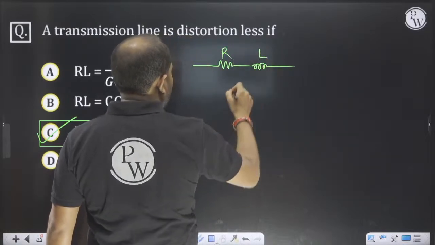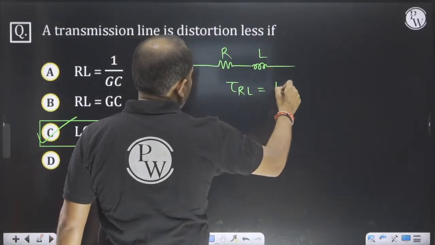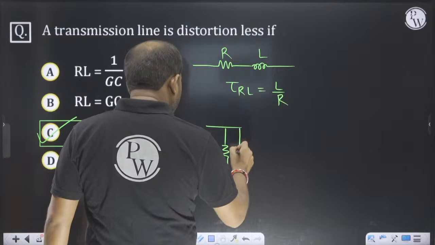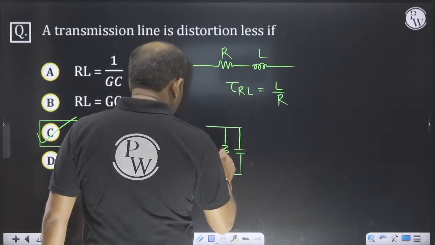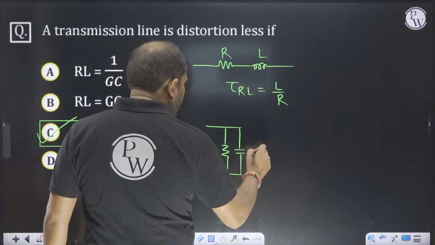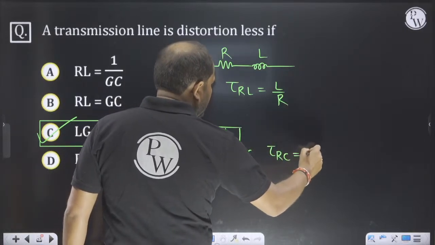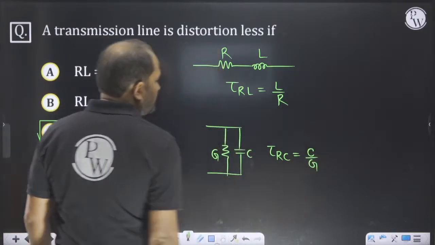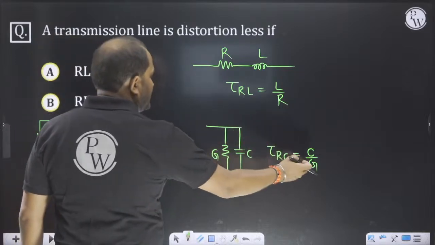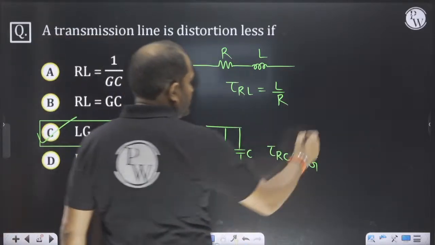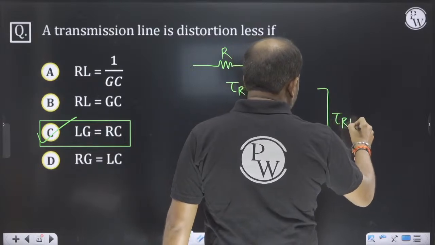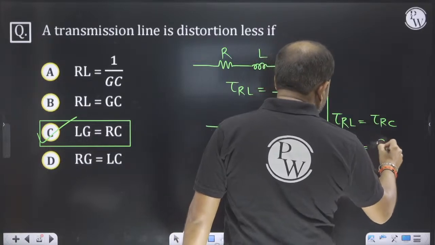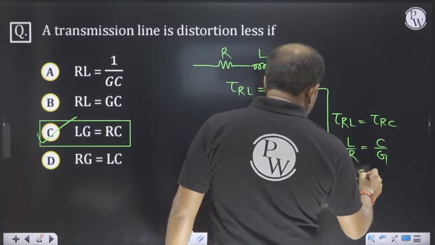This is R, this is L, so time constant of RL circuit is L by R. And time constant for RC circuit is R into C, but here resistance is not given, conductance is given, so C by G. Then equate RL circuit and RC circuit, so you will get L by R is equal to C by G. That means LG is equal to RC.